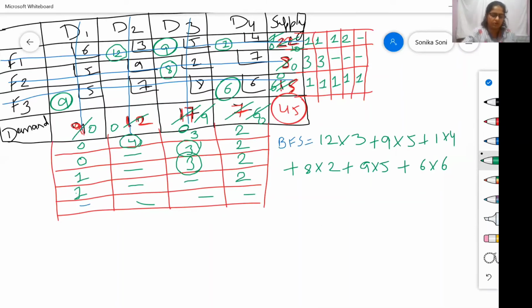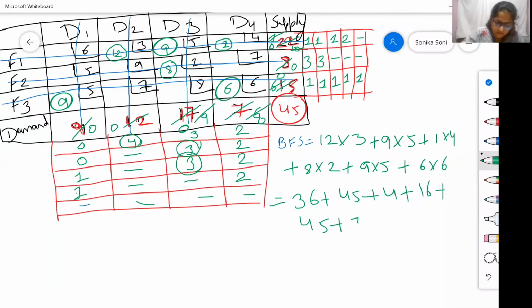We have totally 6 allocations here, which means after multiplying, we get 36 plus 45 plus 4 plus 16 plus 45 plus 36.